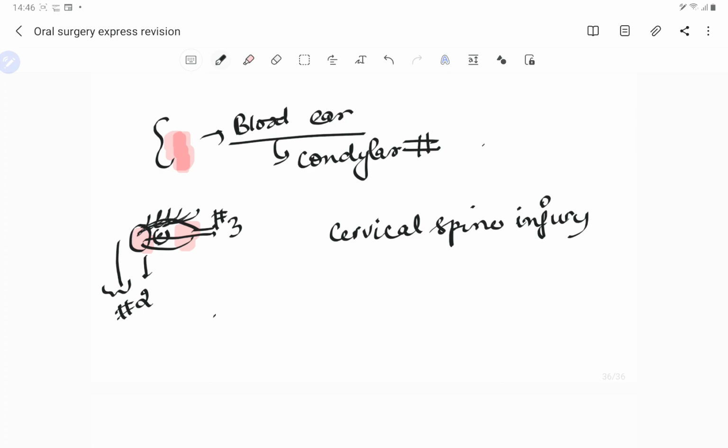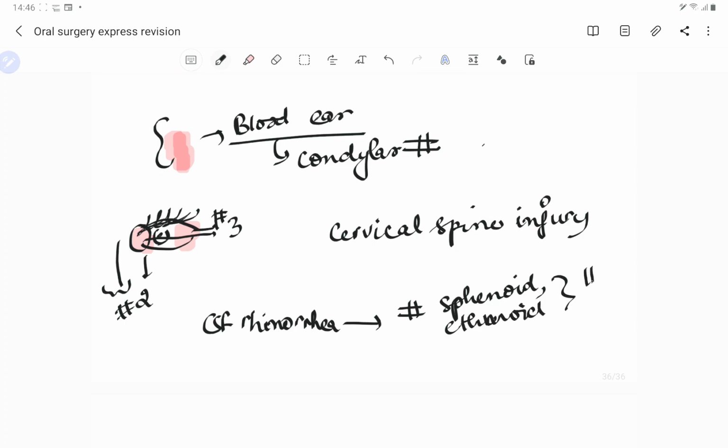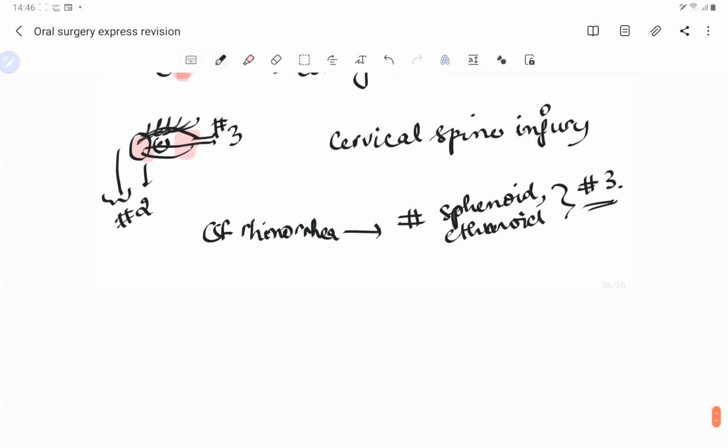Also guys, we check for the CSF rhinorrhea. In case there is a fracture of the sphenoid bone or ethmoid bone, we'll see that in the Lefort-3, right? So in a Lefort-3 fracture, or if the fracture is of the frontal sinus or cribriform plate, then there can be CSF oozing out from the nose, right?